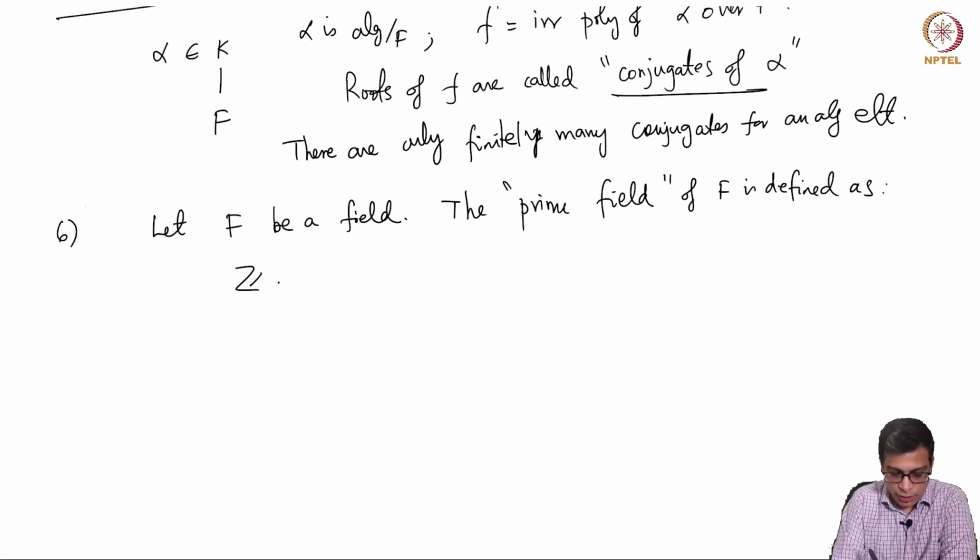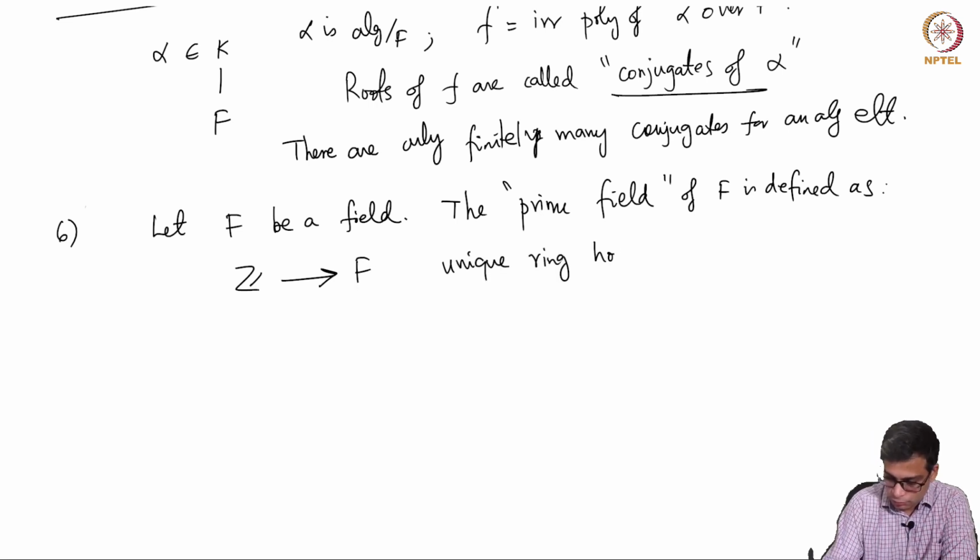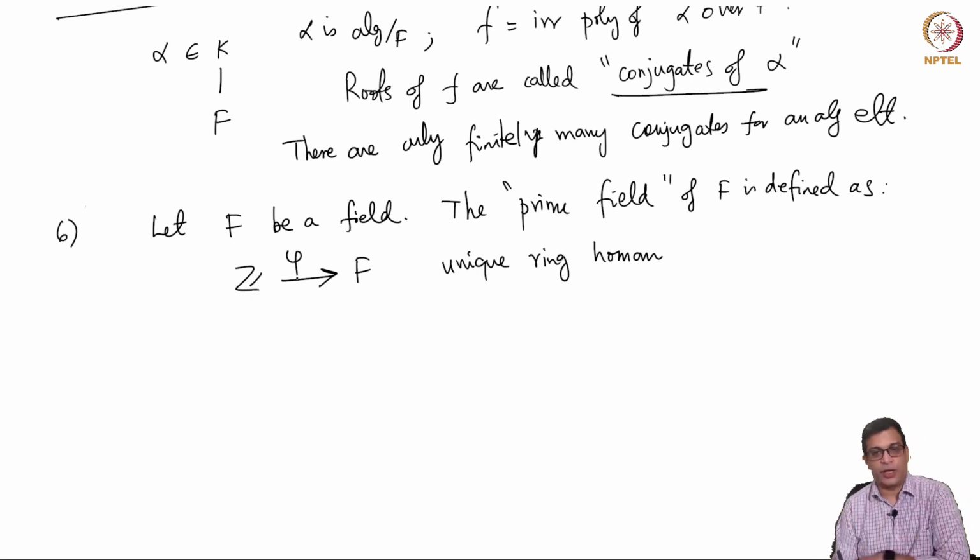You consider the unique ring homomorphism from Z to F. There is always a unique ring homomorphism from Z to any ring, in fact any commutative ring with unity. So take that.